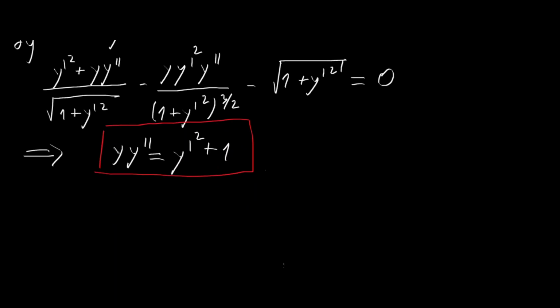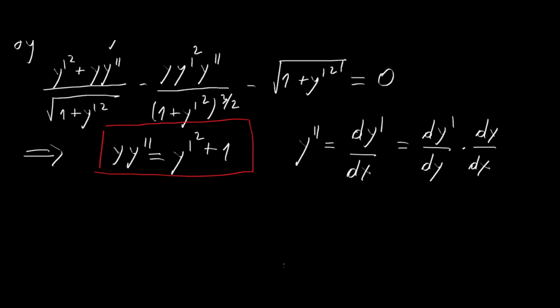Well, the term y double prime is a little annoying here, so let's make the following change. Let's remember that y double prime is equal to dy prime/dx, but this is equal to dy prime over dy times dy over dx. And this is obviously just y prime, so we can conclude that y double prime is equal to y prime times dy prime divided by dy.